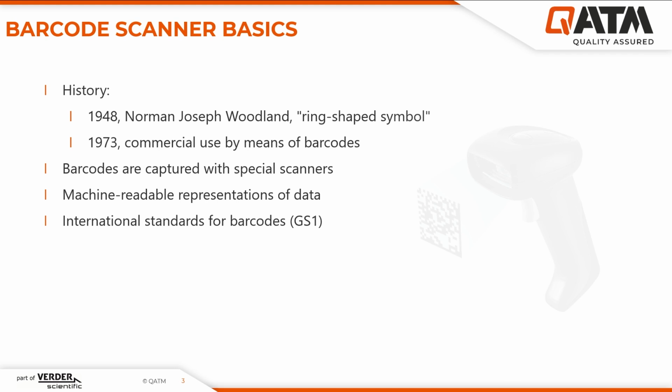So therefore, in the 70s, the commercial use of the barcode appeared in the market. The barcode in usual is a readable representation of data which we can import into our system. In this case, there are some international standards available which we are following.